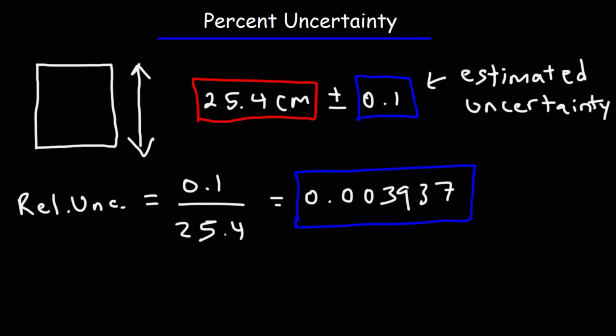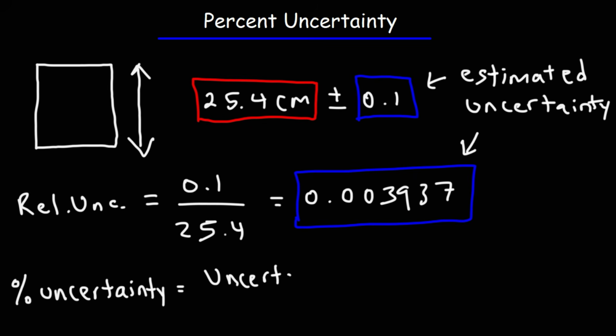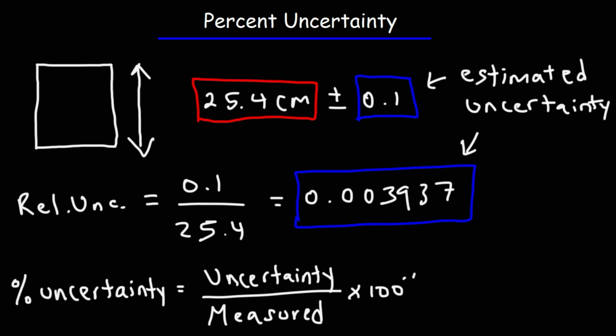Now, to calculate the percent uncertainty, we simply need to multiply this number by 100%. But here's the formula for those of you who are interested in it. So the percent uncertainty is going to be the absolute uncertainty divided by the measured value times 100%.